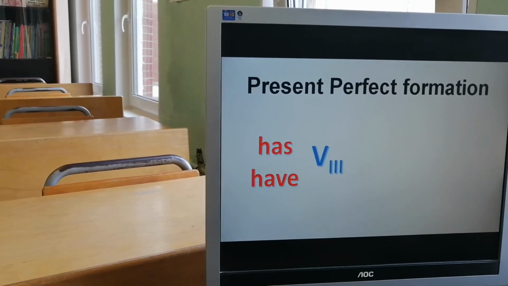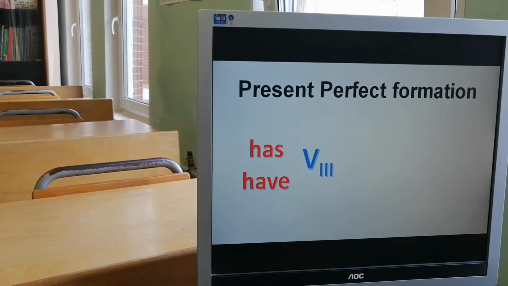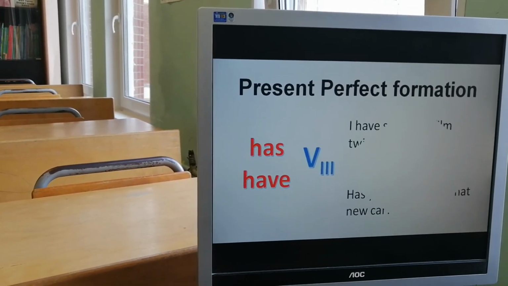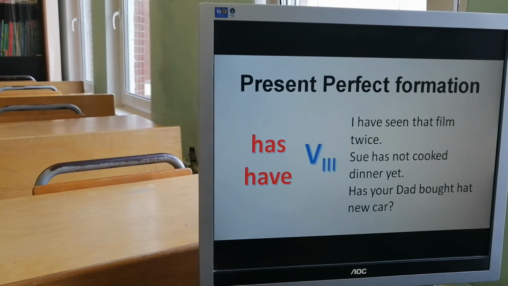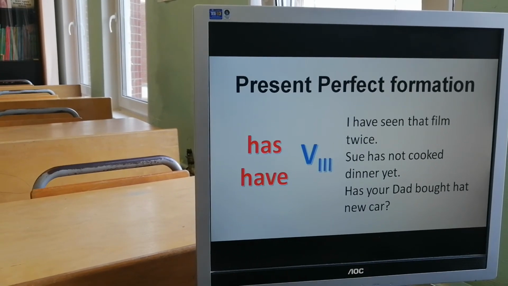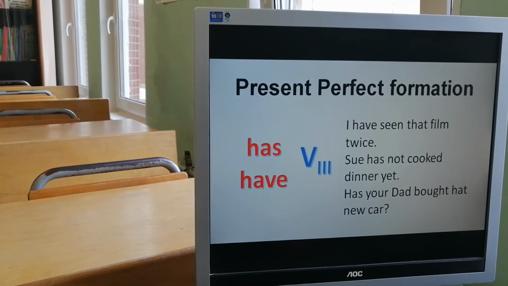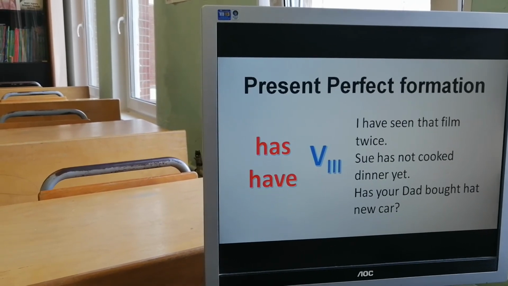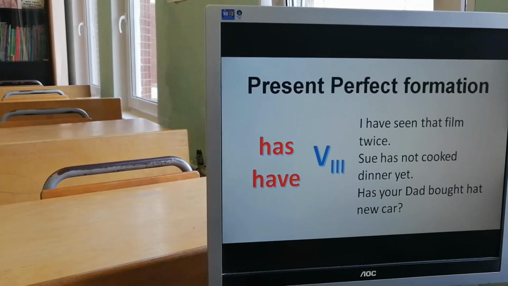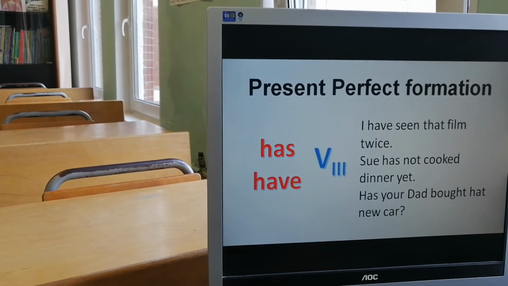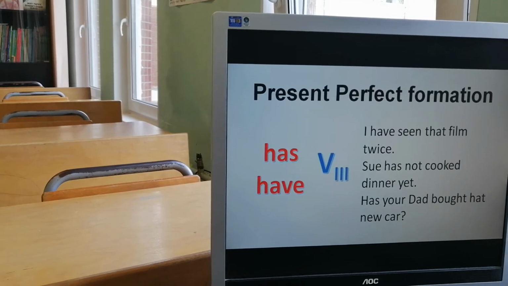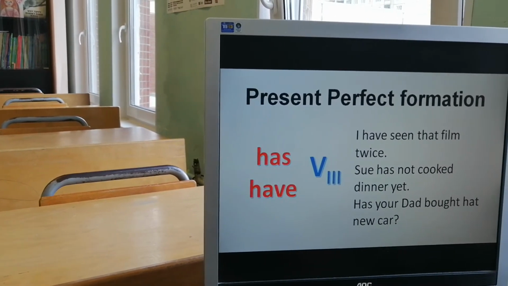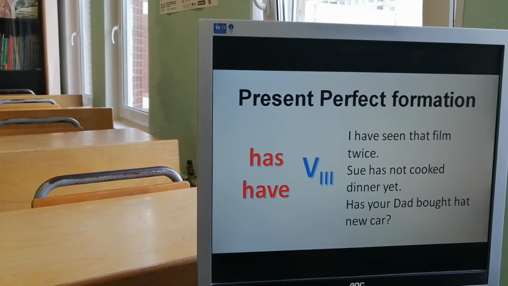And for irregular verbs, it's the last column of your table. So, as an example, I would say, I have seen that film twice. Positive. Negative, Sue has not cooked the dinner yet. And question, has your dinner bought that new car? Oh, sorry for the misprint. It's not hat, of course, it's that new car.